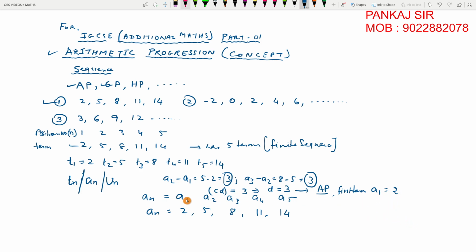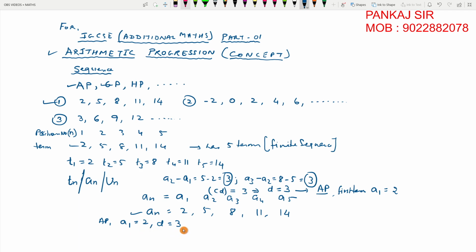Okay, so this is an AP which has A1, that is the first term, as 2, and it has a common difference as 3. So any arithmetic progression can be completely described if you know the first term and the common difference of that sequence. Any arithmetic progression should have these two things, the first term and the common difference.